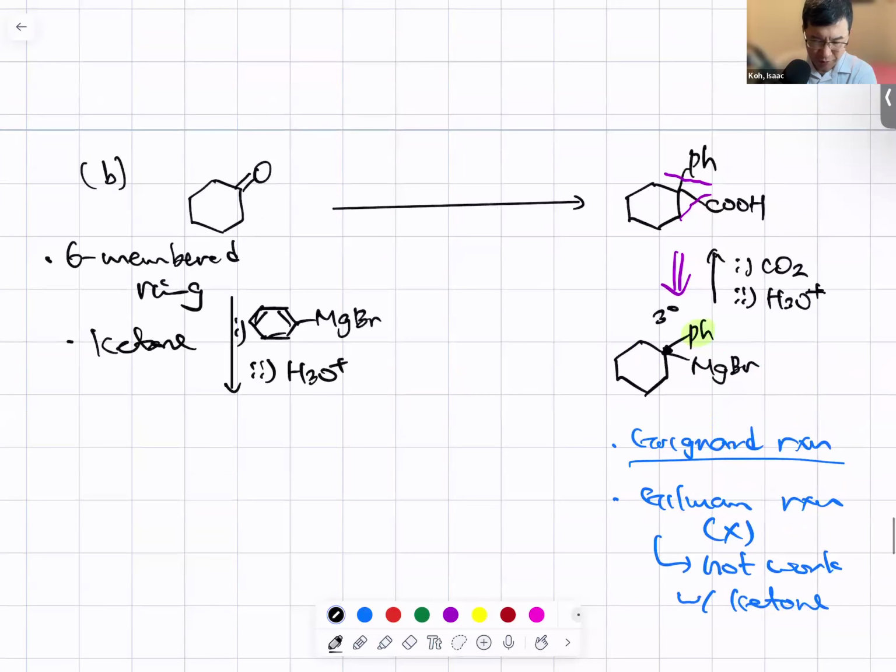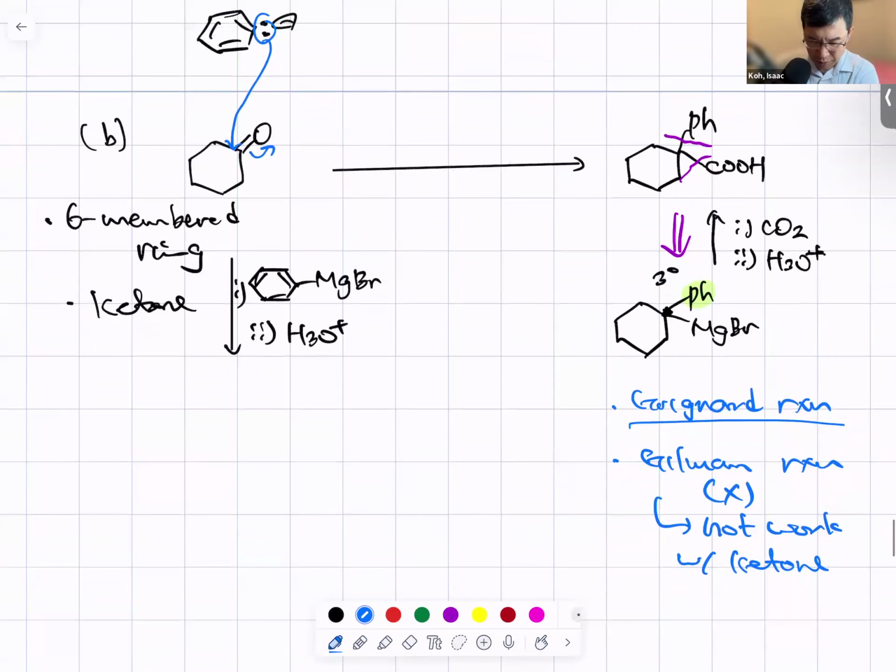Then this phenyl group, carbanion, will attack the carbonyl carbon and then push up, and later it will be protonated, forming a tertiary alcohol. So we have here a phenyl ring and then tertiary alcohol. So this is becoming a tertiary alcohol.